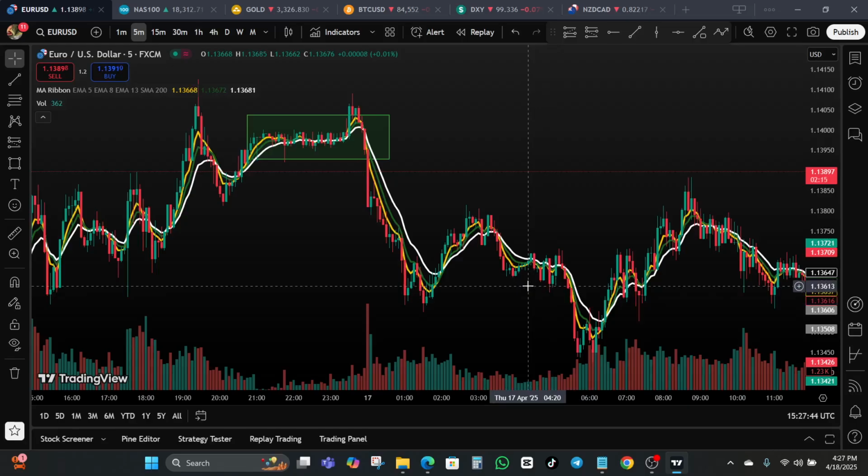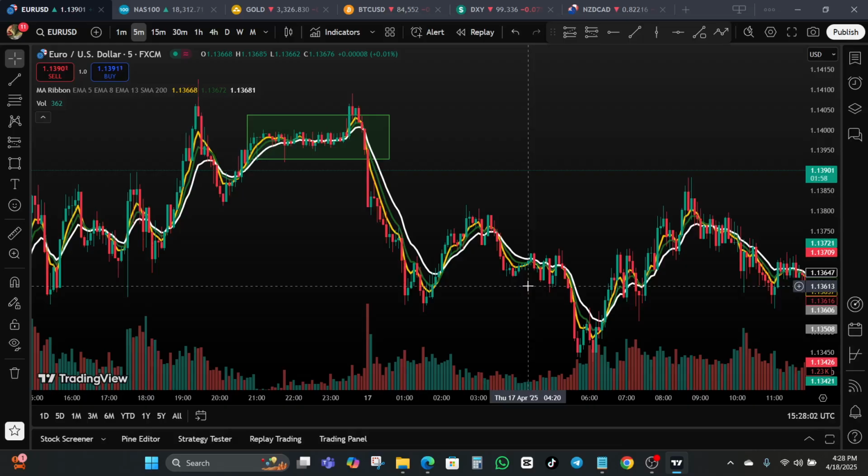Now, the strength of the 5-8-13 EMA strategy is in its speed and clarity. It gives early signals while filtering out noise by relying on structured EMA alignment.